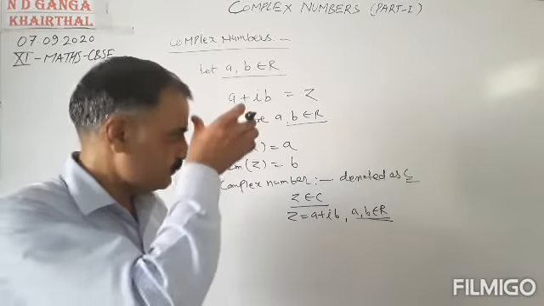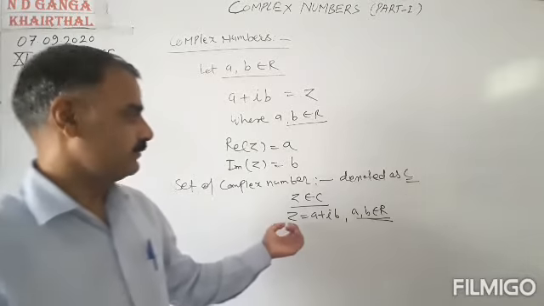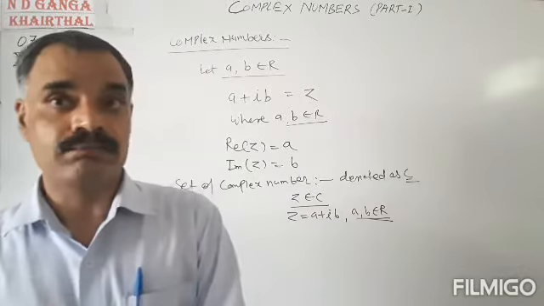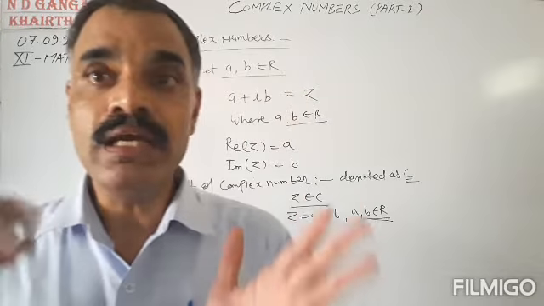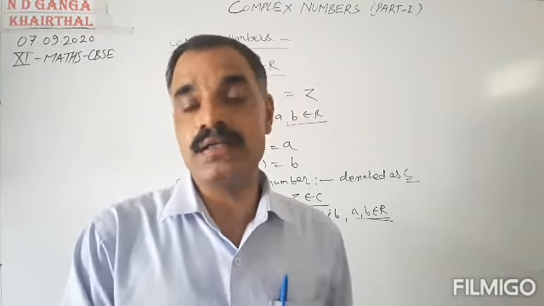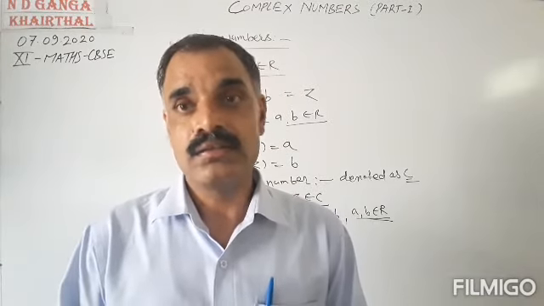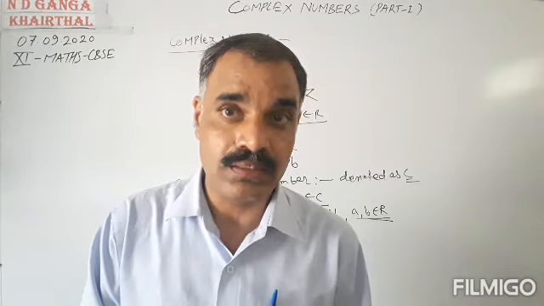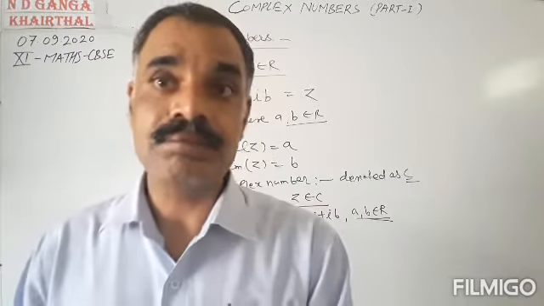Now the complex number z is said to be purely real if the imaginary part is 0, and it is said to be purely imaginary if the real part is 0.